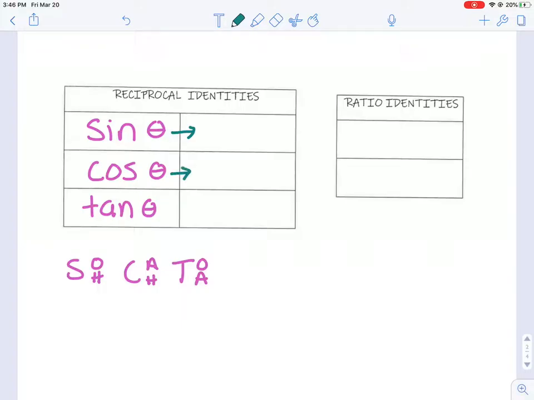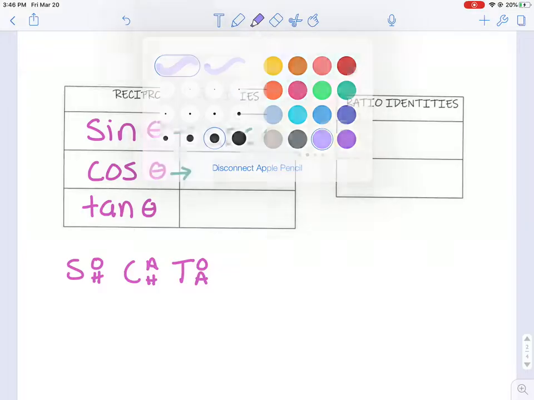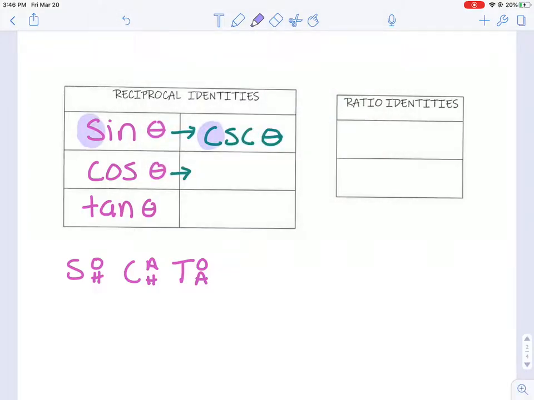So sine is going to go with cosecant. The S is going to go with a C. Cosine is going to go with secant. Again, a C is going to go with the S. And then tangent and cotangent just go together because they have the same name in it. They both have tangent in it. So I think that one's easier to remember. So tangent goes with cotangent.